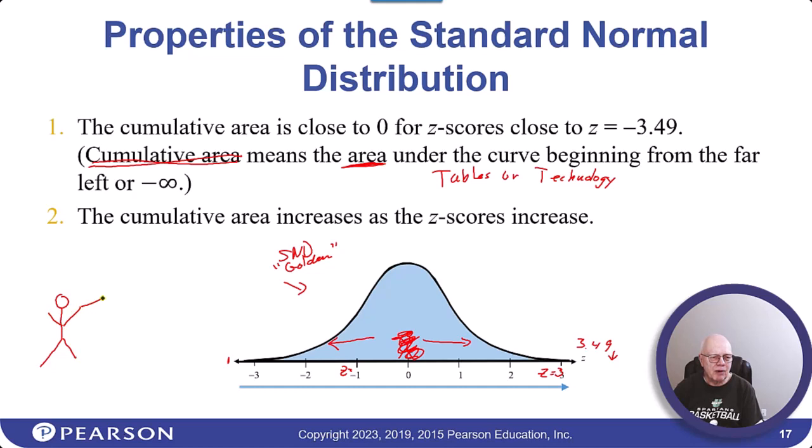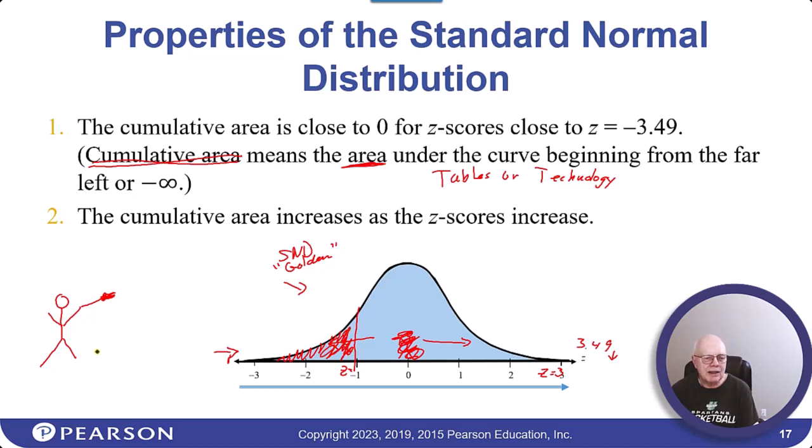And here's our paintbrush, if we can imagine that. You'll have to use your imagination. When we start painting with the paintbrush, that cumulative area, we're going to start painting here. The calculator or table or whatever you use starts way out here to the left. So if you're talking about the cumulative area for a z of -1, that means everything up until that particular point.